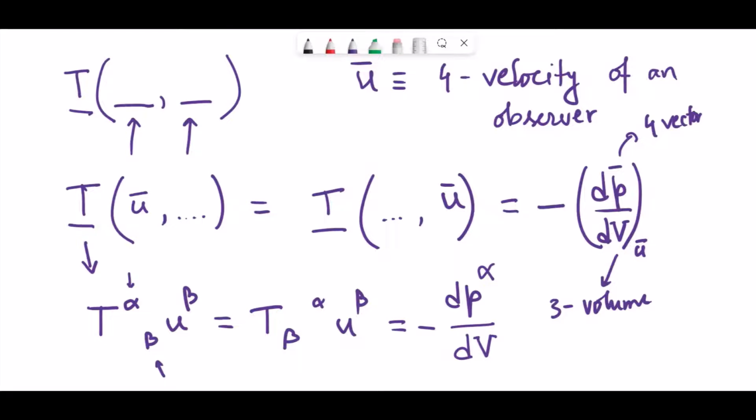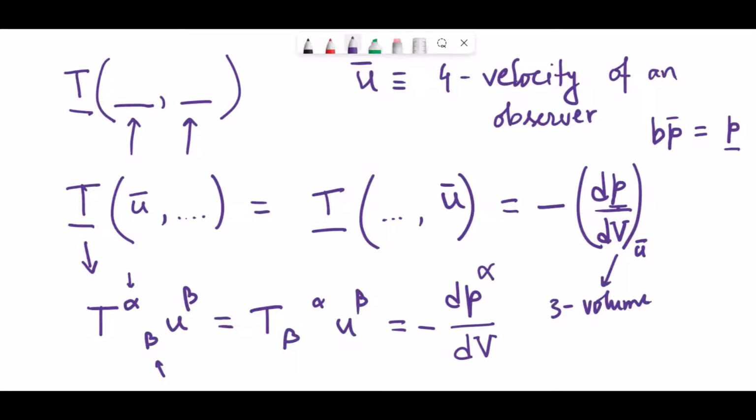If I have to be truly consistent, what I should have done is, instead of writing the momentum 4-vector here, I should have written a momentum form, which is the flat operation carried out on the 4-momentum vector that gives us the associated momentum 1-form.